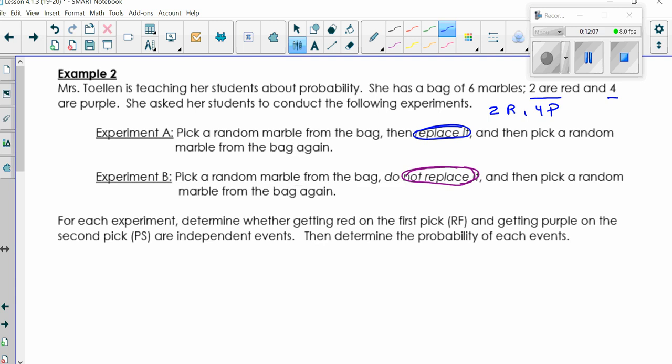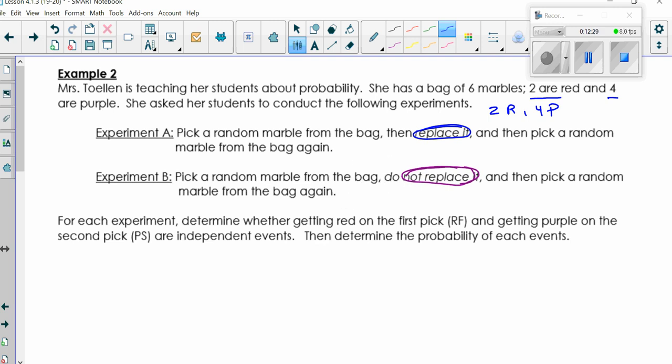Okay, so imagine that just happened. If somebody picks a marble and places the marble back in the bag and then goes to pick another marble, the second marble is not influenced by the first marble because there was 6 marbles in there to start with. So if you put your first one back and then pick another one, there's still 6 marbles.